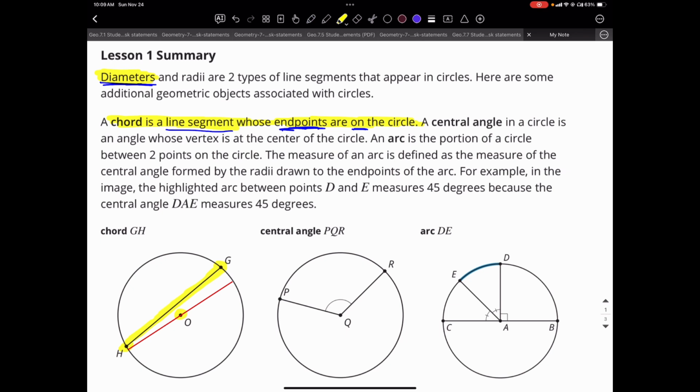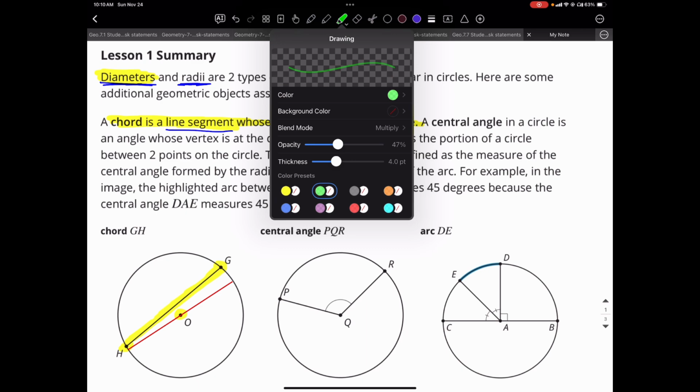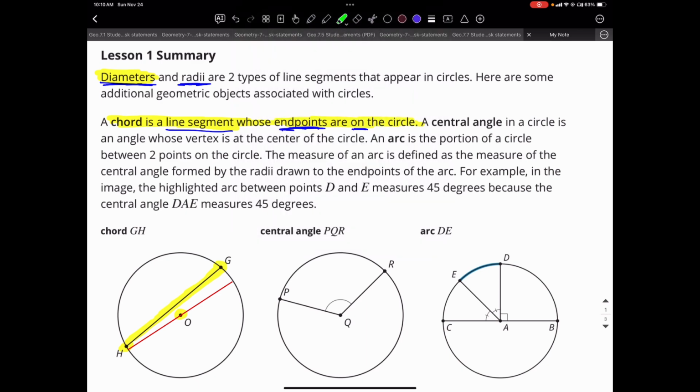We've also talked about a diameter being twice the size of the radius, right? But a diameter, by definition, is actually a chord that passes through the center of the circle. Okay, so those are chords, and we're going to see several examples of them.